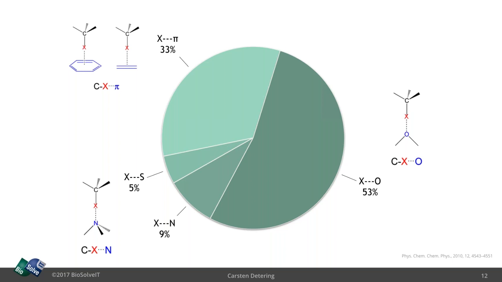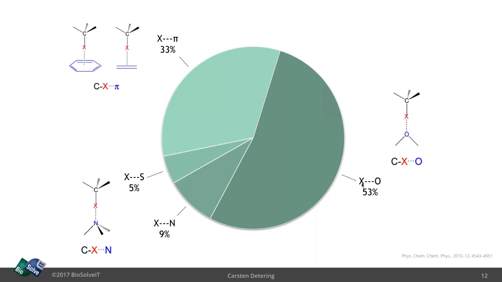Of those, they selected those with a halogen bond distance smaller than the sum of the van der Waals radii, and the halogen bond angle was larger than 140 degrees. So unfortunately, that left them only with roughly 10% of the crystal structures. 240 crystal structures of proteins were extracted, and this led to the following distribution here.